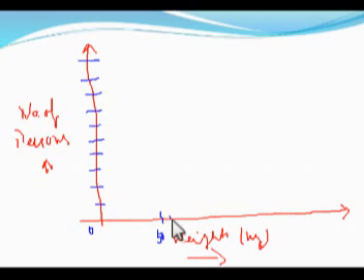So this is 51, 52, 53, 54, 55, 56, 57, 58, 59, 60, 61, 62, 63, 64, 65, 66, 67, 68, 69, 70, and 71, 72, 73, 74, 75.